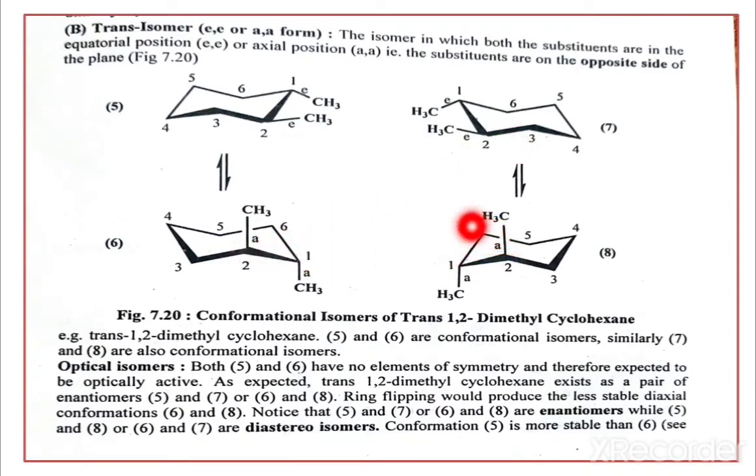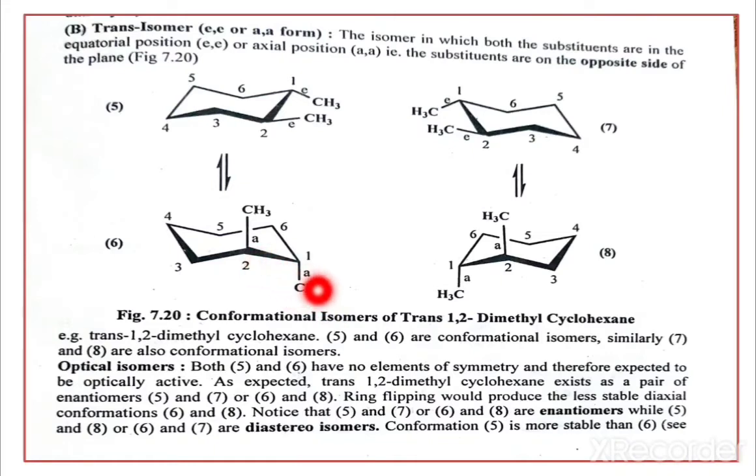Now ring flipping will produce the less stable diaxial conformation, that is 6 will be converted into 8, because in 5th both are equatorial, in 7th both are equatorial, and when we perform the ring flipping, they are in the axial position.